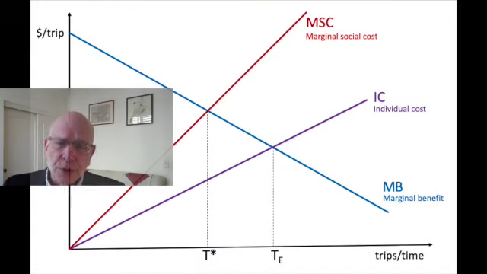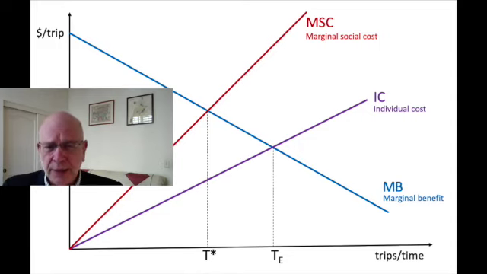Now let's put it to work. So the first thing we'll do here is to observe the distinction between the equilibrium and the optimum level of traffic flow. And these are indicated here.